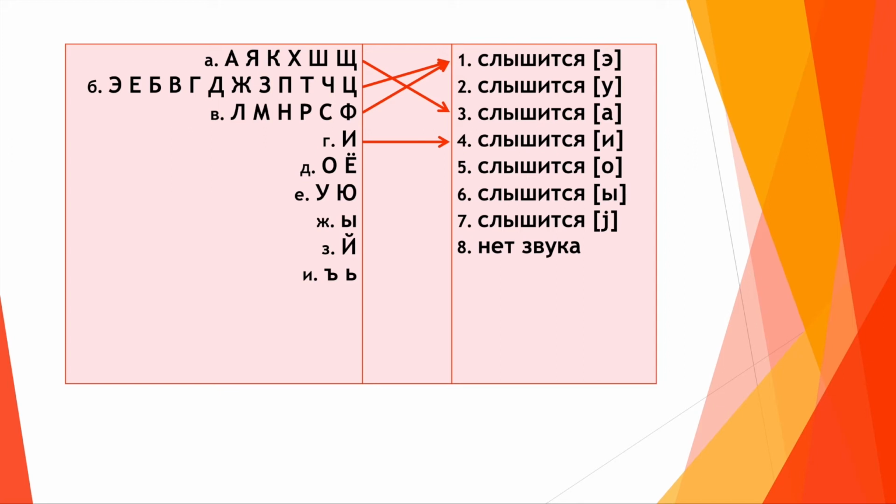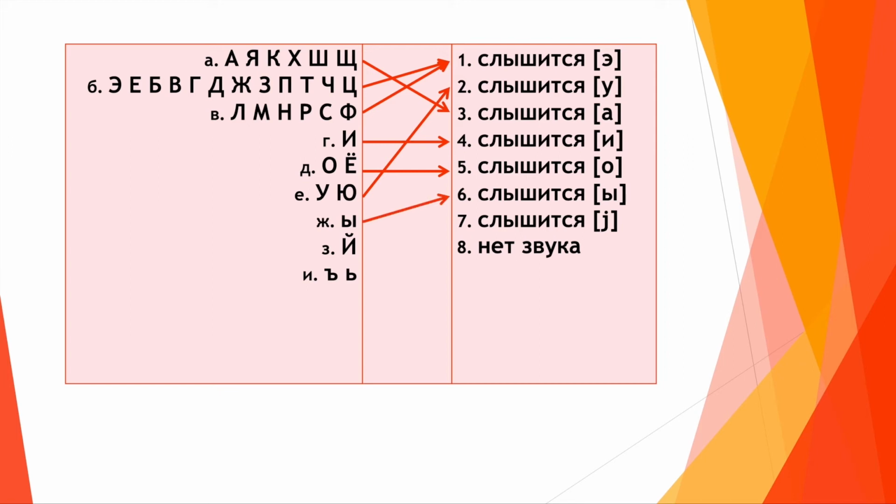The next line, O, Yo. Of course it's the sound O. Next one, U, Yu. We can hear the sound U. The next one, Y. It's a very specific one. I mean, very Russian one.